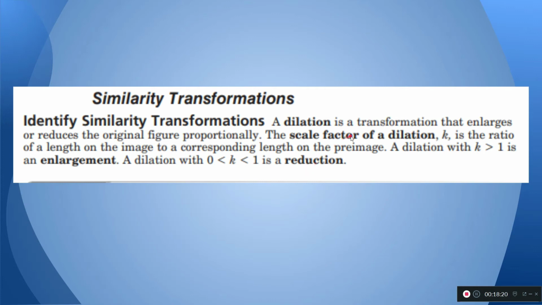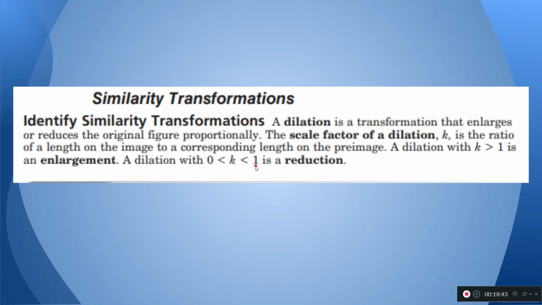And that's going to be the ratio by which it gets bigger or smaller, and they label it as k here, the ratio of a length of an image to a corresponding length of the pre-image. A dilation with k greater than 1 is an enlargement, and a dilation with 0 less than k less than 1 is a reduction.